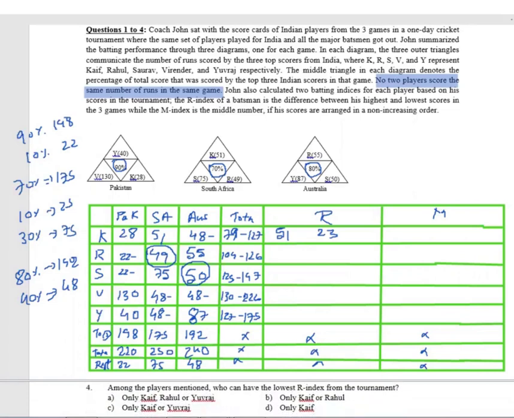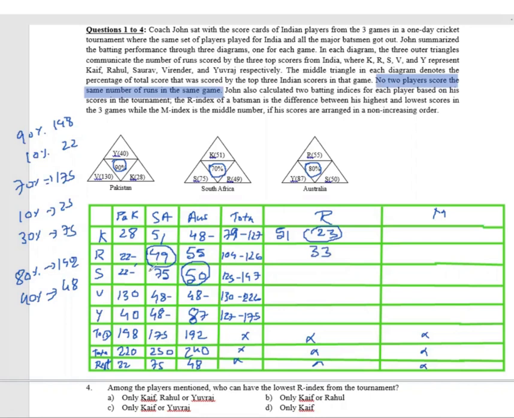Among the players mentioned, who can have the lowest R index in the tournament? Lowest R index. So what I'll do here: this score is 28, this score is 51. If this score is more than 28, then this will be the R index. And if this score goes below 28, then the R index will increase. So the minimum possible R index here is 23. What is the minimum possible R index here? Let's fix it at 22, so it will be 33.